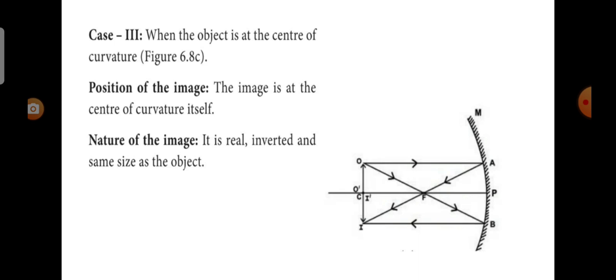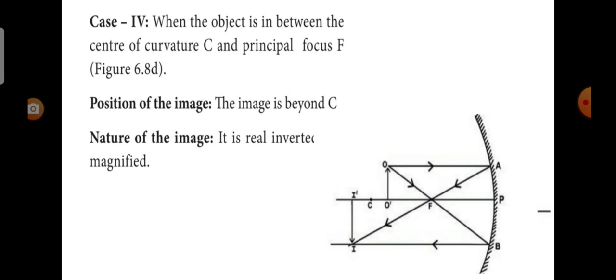In the fourth case, when the object is between the center of curvature and the principal focus, the position of the image is beyond C. Nature of the image is real, inverted and magnified.